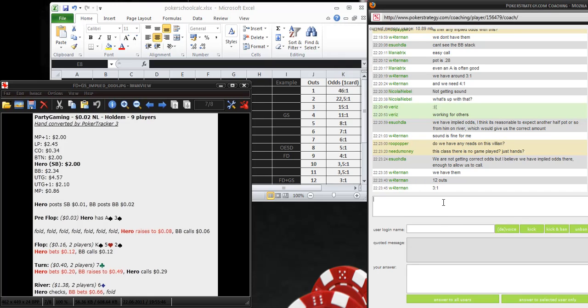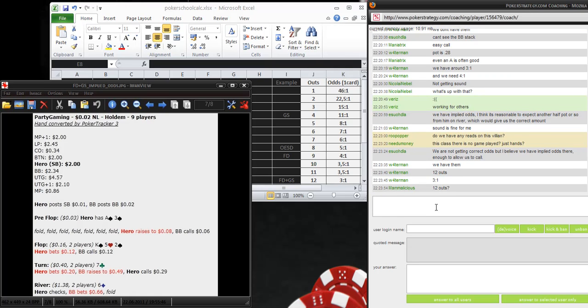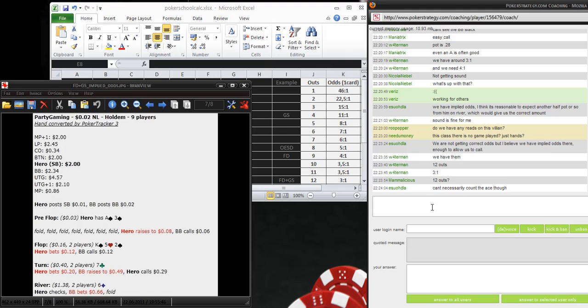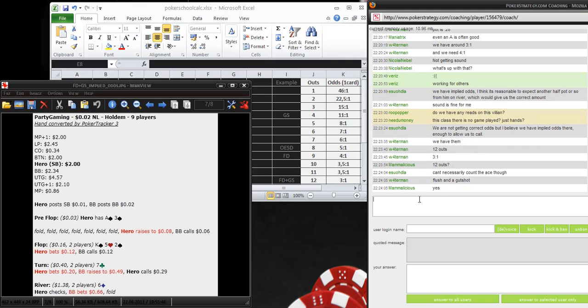Okay, now let's discuss first how many outs we do have there. We do have pretty much the flush draw outs and gut shot.